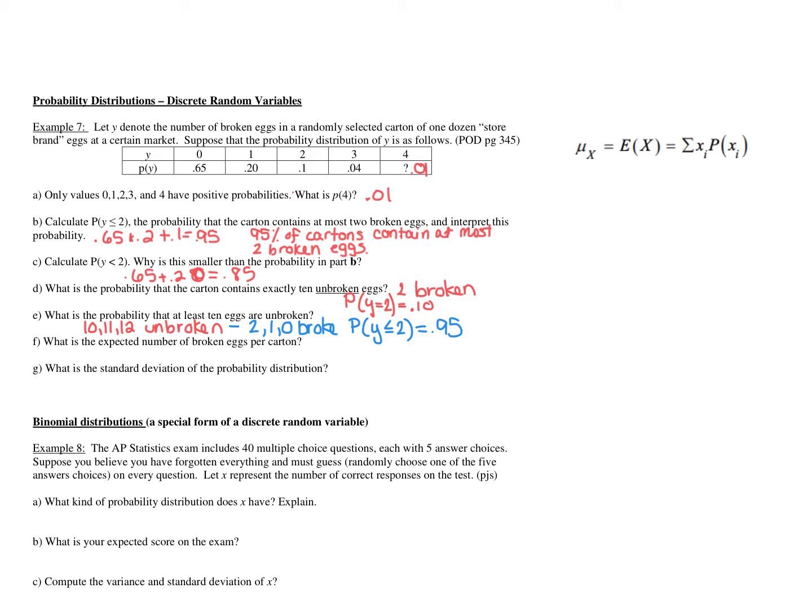Therefore, I can say, and I'm going to use y because that's my given random variable, that mu of y is equal to the expected value of y, which is the same as taking each individual probability, so 0 times the probability, each random variable times the probability of it occurring.